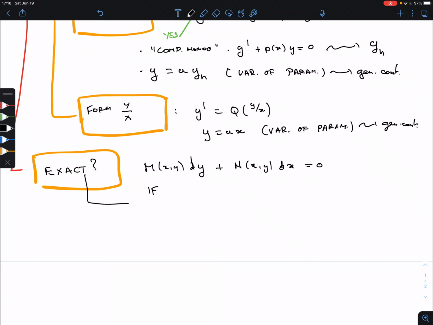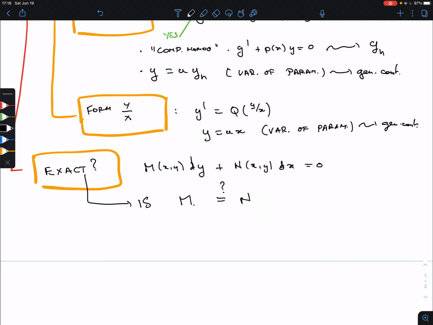So exact means, let me pose it as a question. What we have to do is take the partial derivative of M with respect to y: is that the same as the partial derivative of N with respect to x? And I say it this way, but it's the other way around, right?